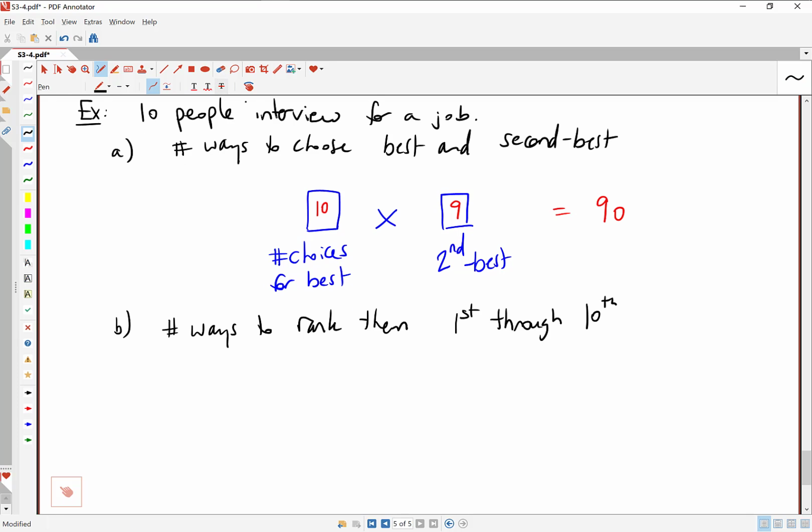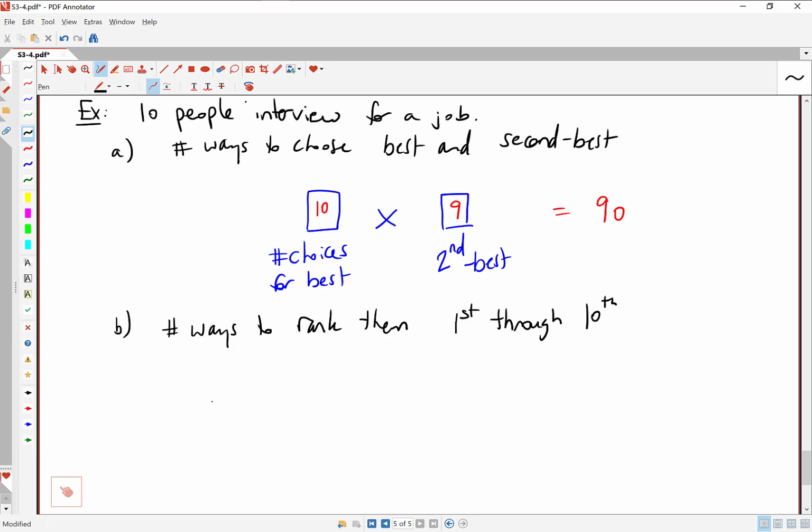So continuing with the same problem, 10 people have interviewed for a job. Let's figure out the number of ways to rank them first through 10th. So a couple of things to notice here. First, I think a really important thing to notice is that this problem is basically the same type of problem as arranging books on a shelf.